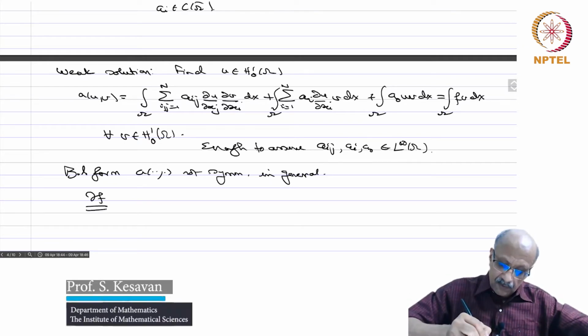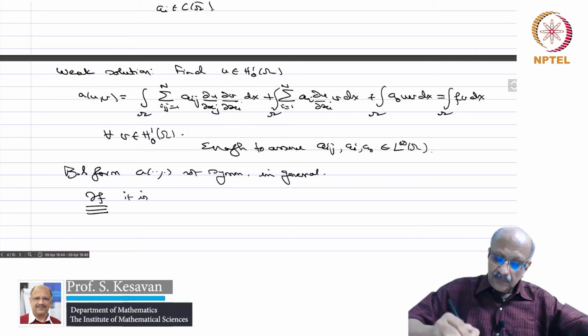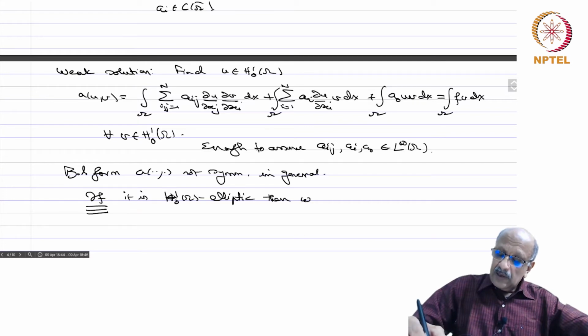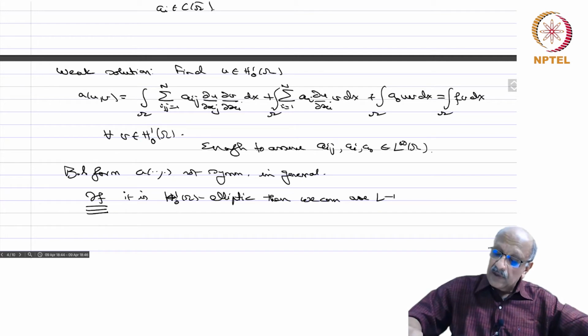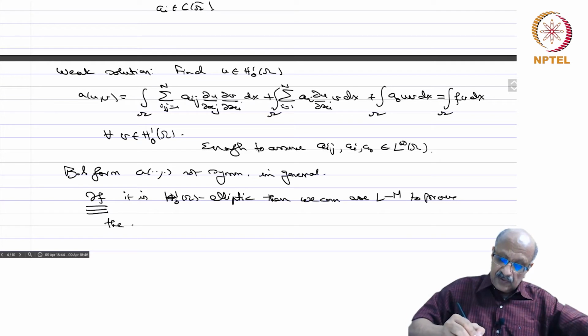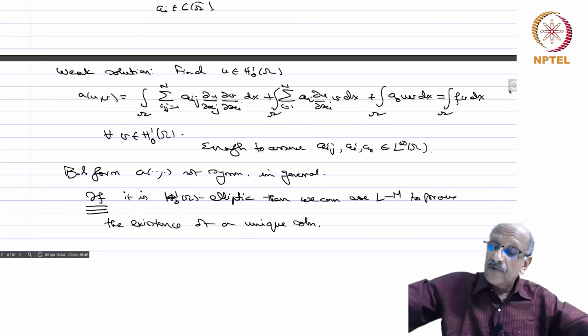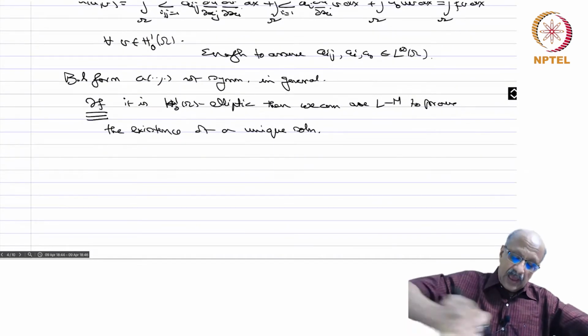If it is H10 omega elliptic, then we can use Lax-Milgram to prove the existence of a unique solution. But this may not happen. Okay, so therefore we have the following theorem.